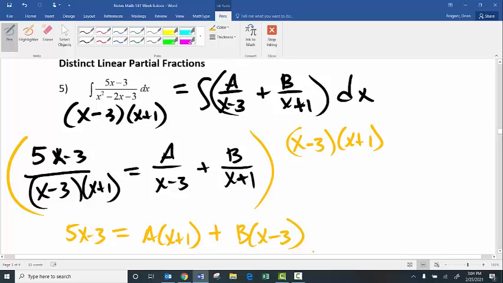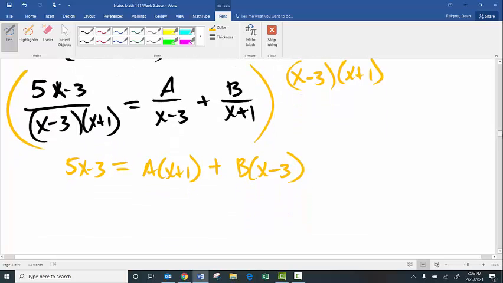All right, so now in order to solve this, it's actually pretty easy. What you're going to do is select numbers for x that make your life simple. One of the numbers you're going to select for x is -1, because when you sub in -1 for x in A times x plus 1, it's going to cancel the A out, and then we can solve for B.